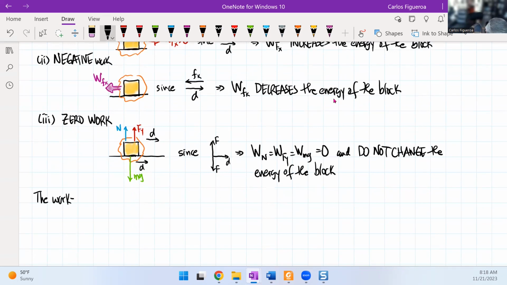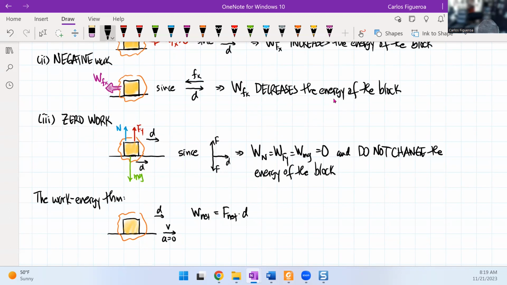The work energy theorem then says this: I have a block, and as it moves across the surface, if this block has a displacement in this direction, and if this block has zero acceleration, then the net work tells me it should be the net force times my displacement.